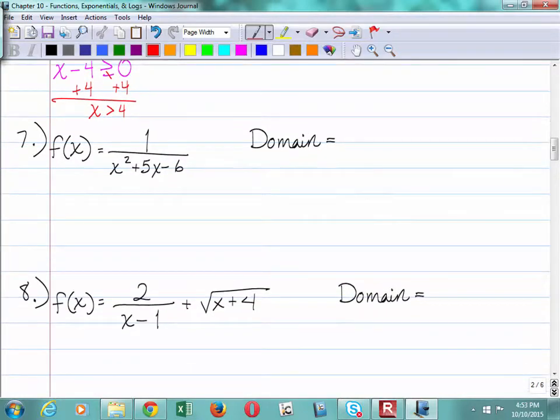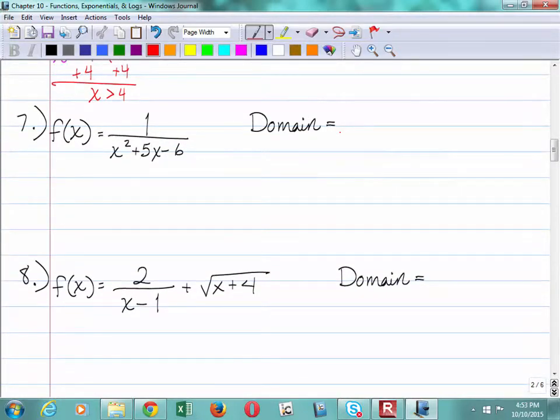Number 7, f of x equals 1 over x squared plus 5x minus 6. So we're just going to say x squared plus 5x minus 6 cannot be equal to 0. And then we could factor that. So that would be x plus 6 times x minus 1.